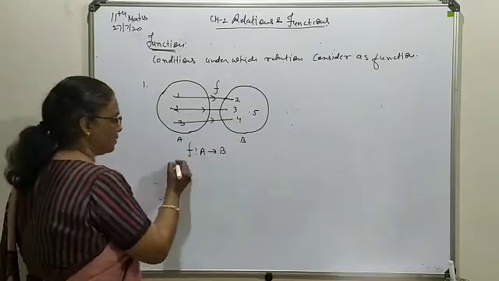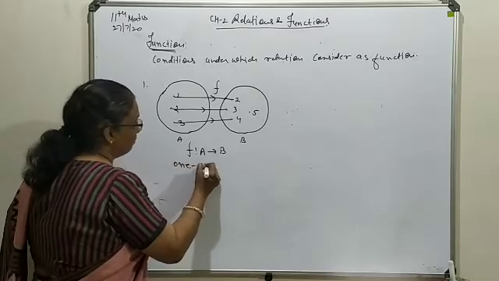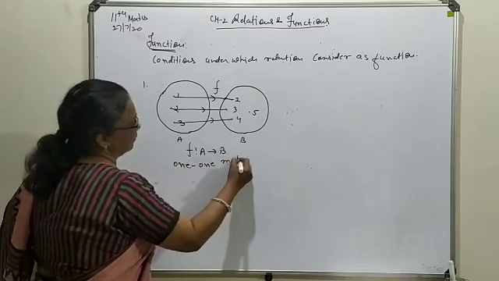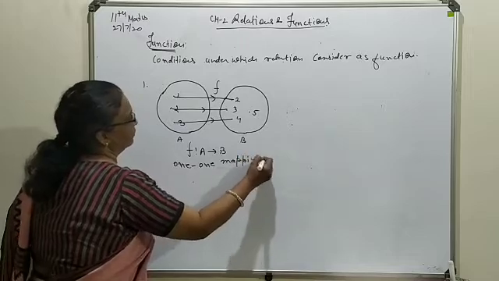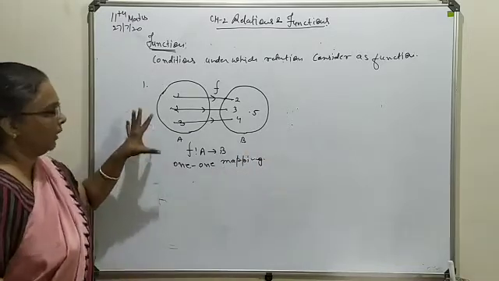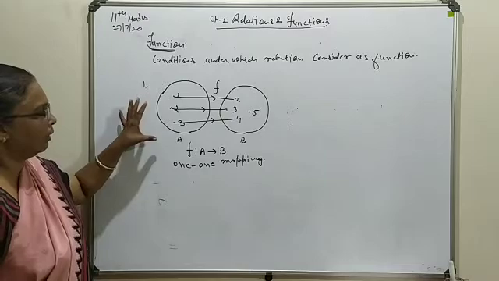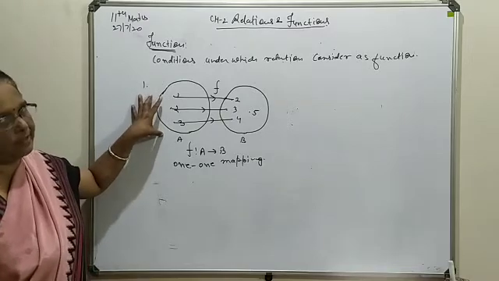So here it is 1-1 mapping, and in this condition your relation turns into a function.